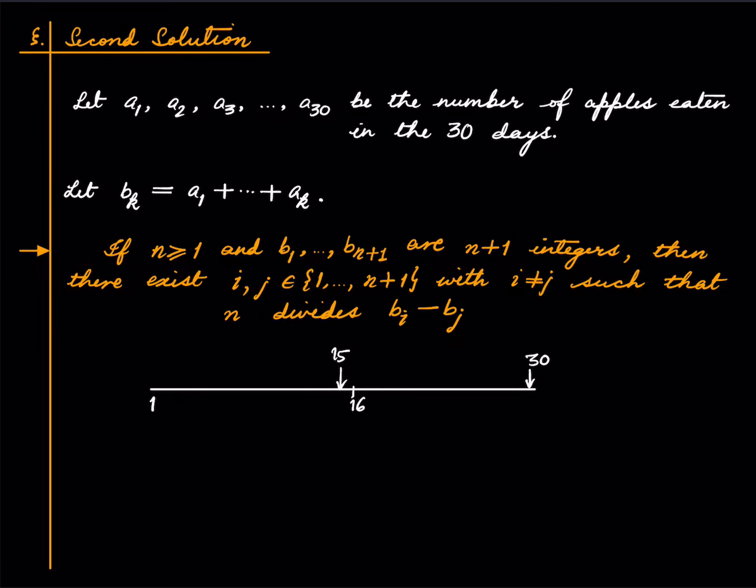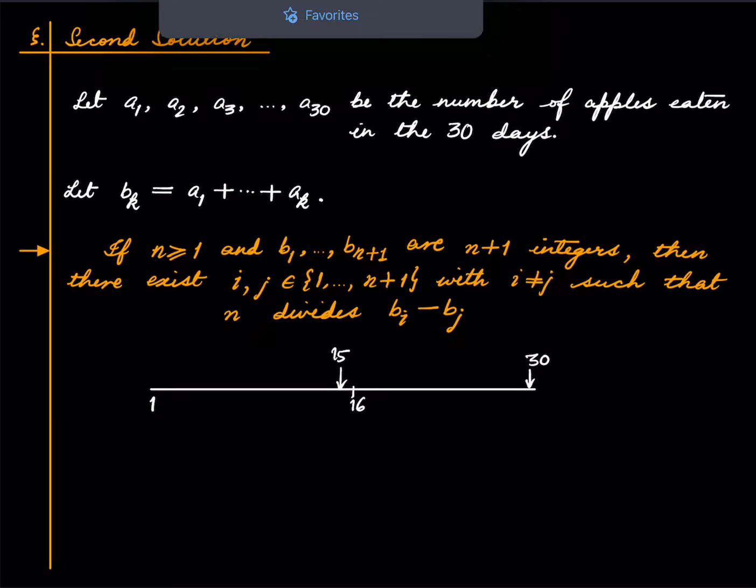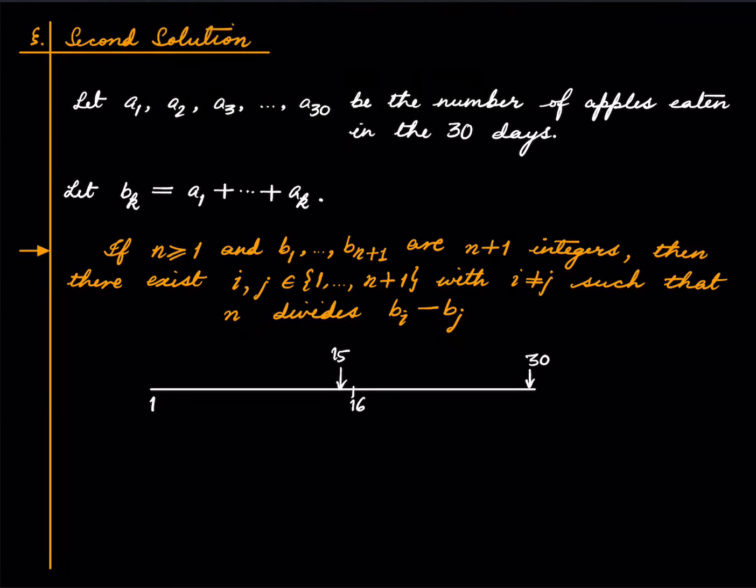So what that means is that there is some sequence of consecutive days here such that the person consumes a total of either 14 or 28 or 42 and so on number of apples, because it cannot be 0. The number of apples consumed in this consecutive period is divisible by 14, but it cannot be 0 because he's consuming at least one apple every day. So it is at least 14, or 28, or 42, all the multiples of 14.